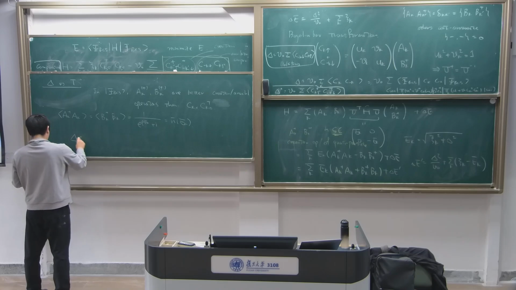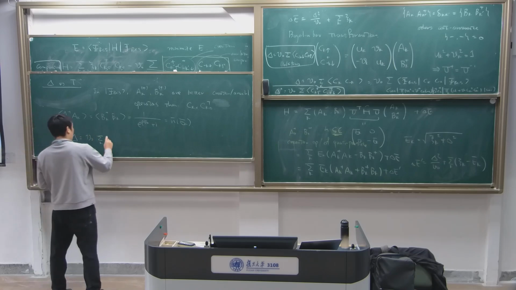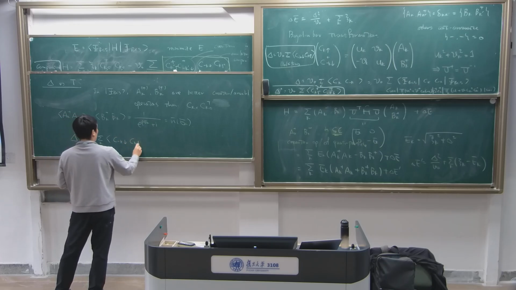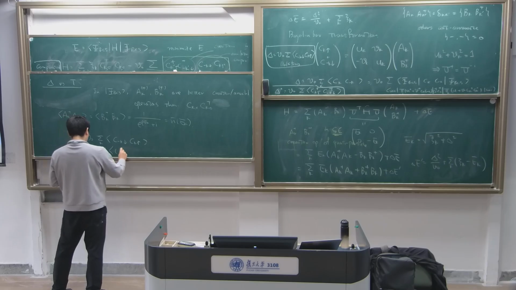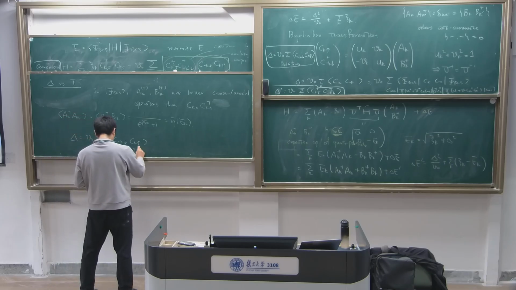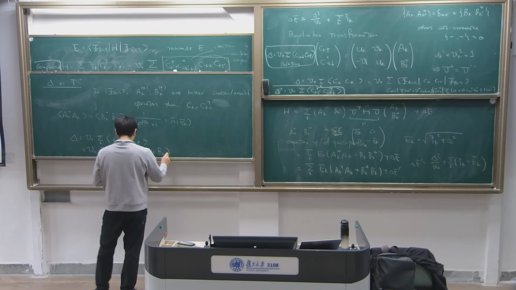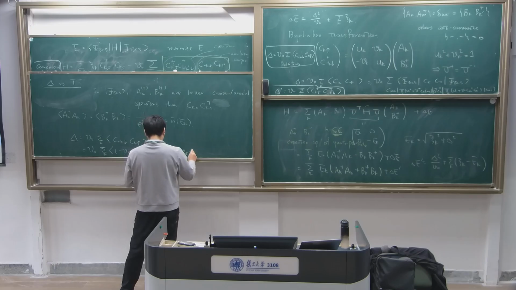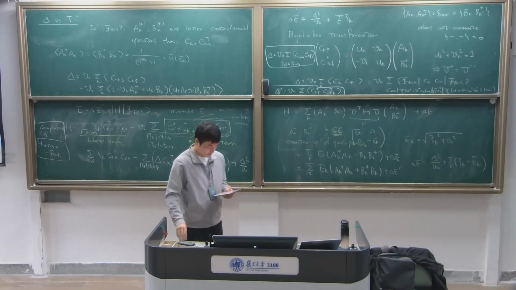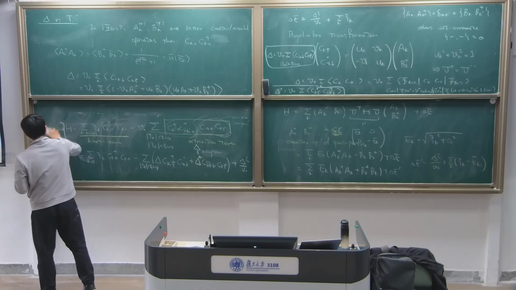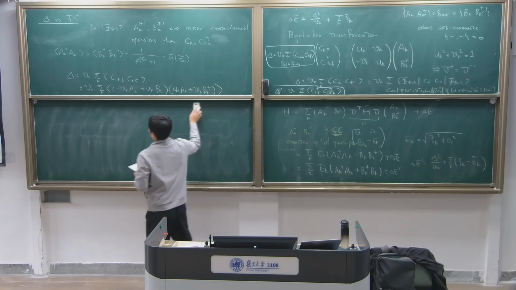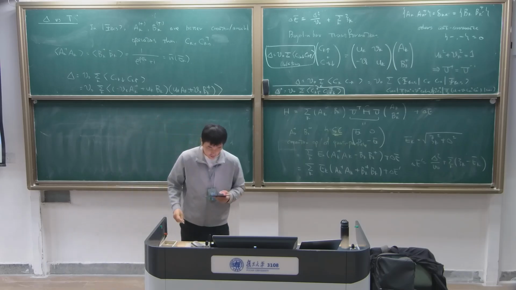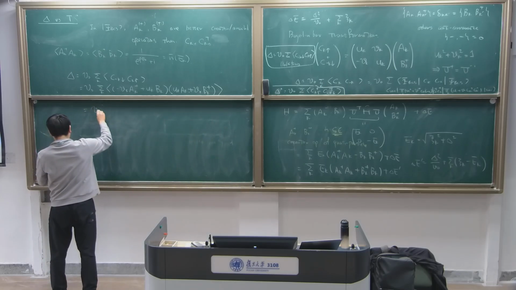And then delta is equal to the sum over K, K up, K down, and this is equal to the sum over K minus K. Then it's just standard, so what you get is like this.